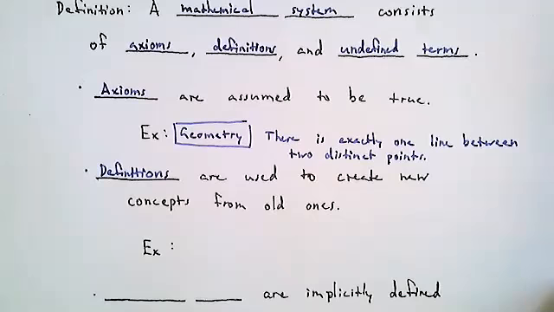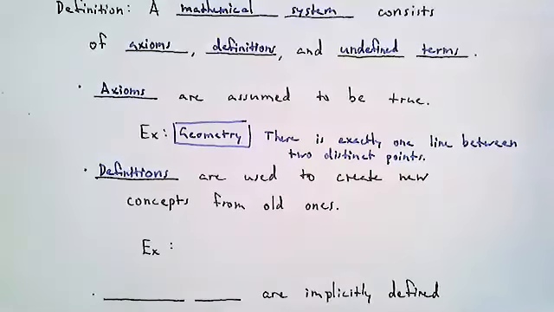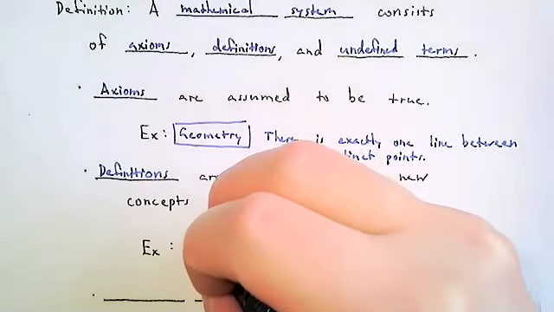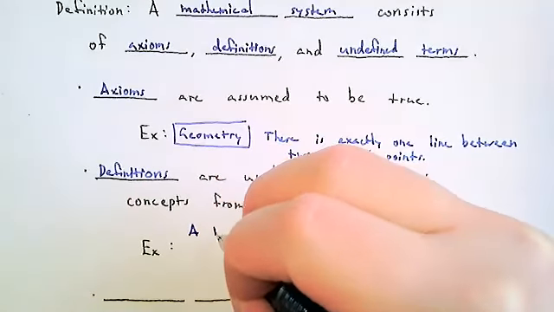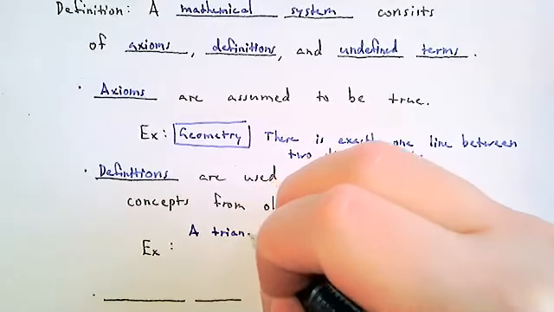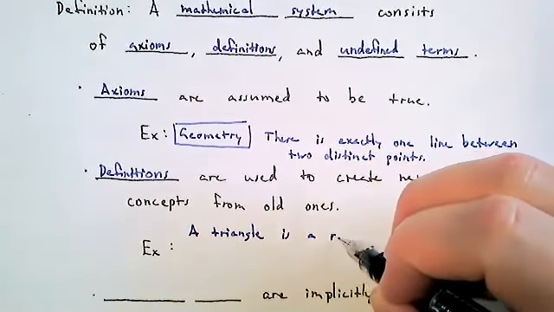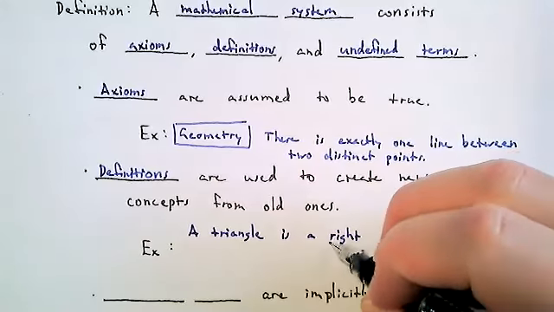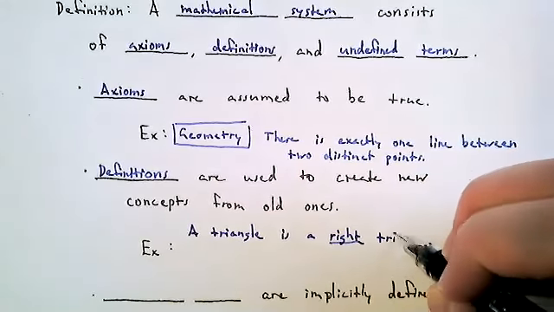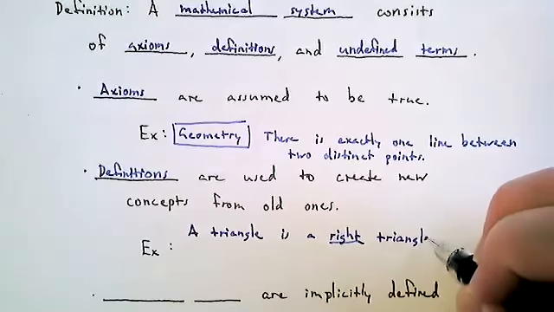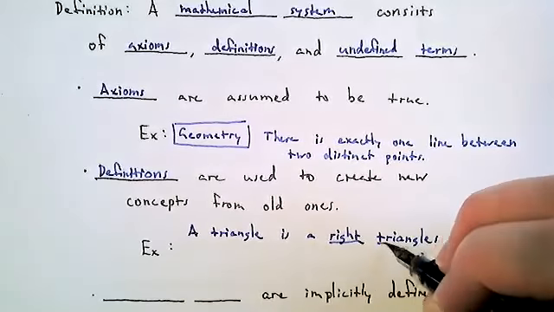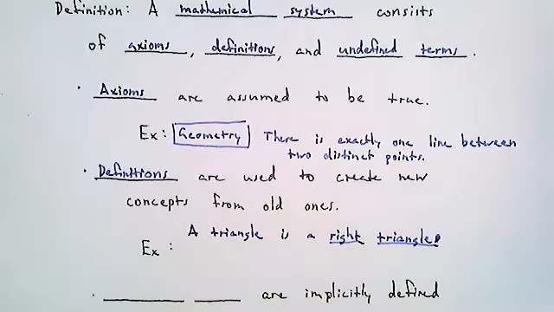So for example, you can define what it means to be a right triangle, sticking with geometry. And if you don't remember, a triangle is a right triangle if one of its angles measures 90 degrees.